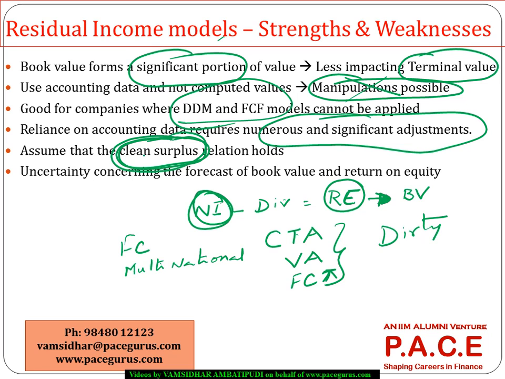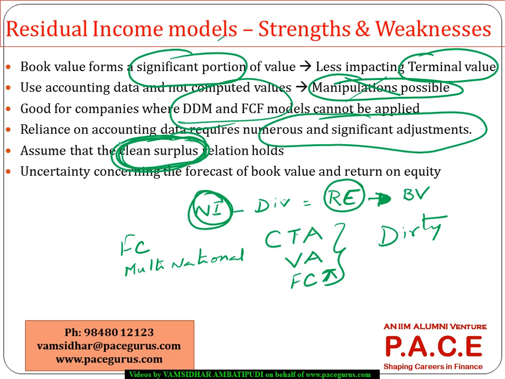Whenever I am using this residual income model, I am making an assumption that clean surplus accounting holds true, and in case it is violated, it has a very big impact on the worthiness of the residual income models, because whatever is the difference from the net income, we are directly adding to the book value of the equity.